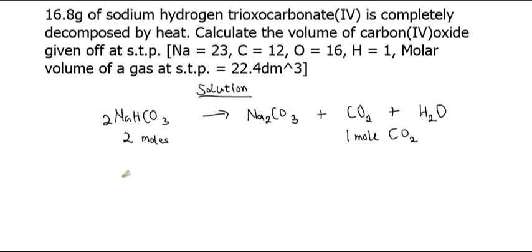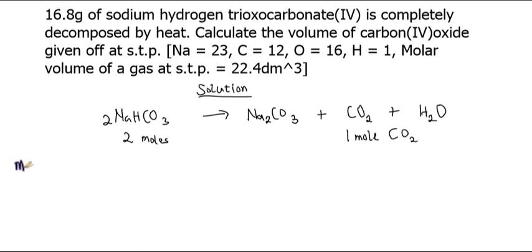Moving forward, from the question we have been given the mass of sodium hydrogen trioxocarbonate 4. Since we have been given the mass, we need to determine the reacting mass first of sodium hydrogen trioxocarbonate 4. For reacting mass, we need to calculate the molar mass of sodium hydrogen trioxocarbonate 4 first.